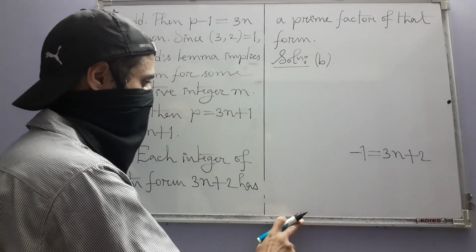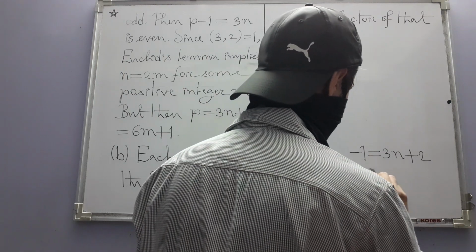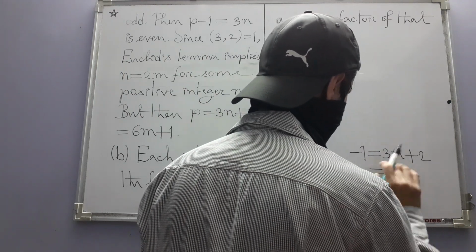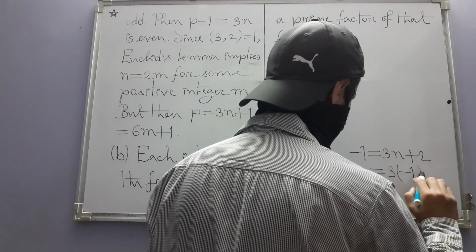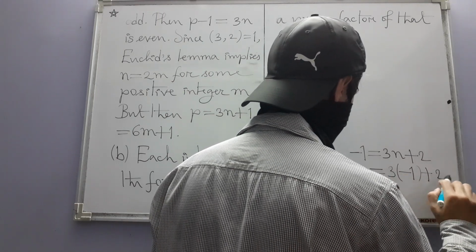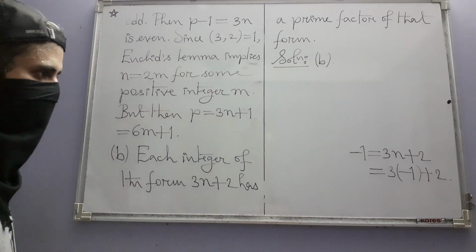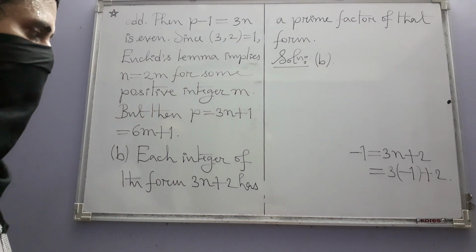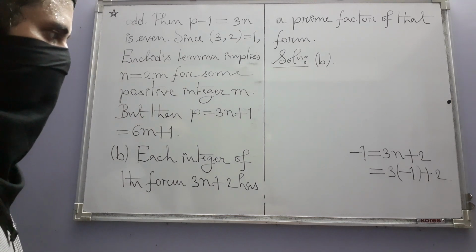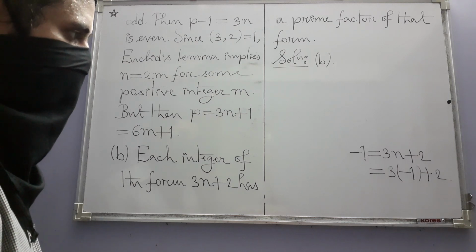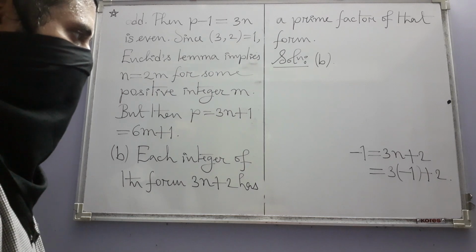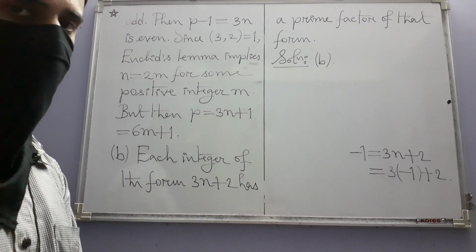Yeah, of course it's possible, because you can take n equal to -1. So what is being claimed here is actually not true for this -1.